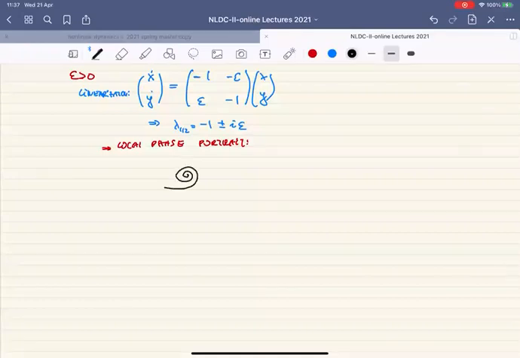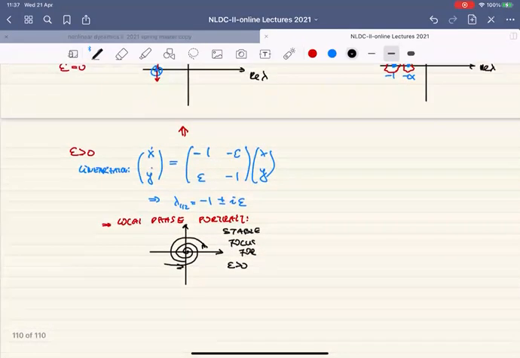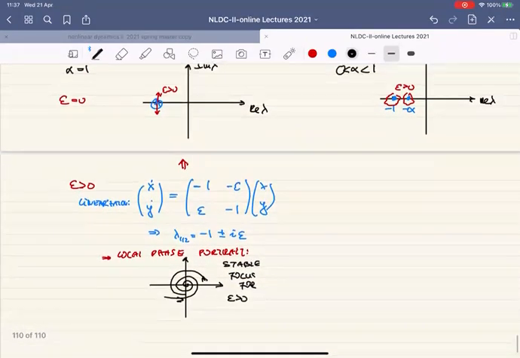I hopefully didn't miscalculate that. It will not make a difference in the end, but just to be specific. So it's a stable focus. It looks like that.